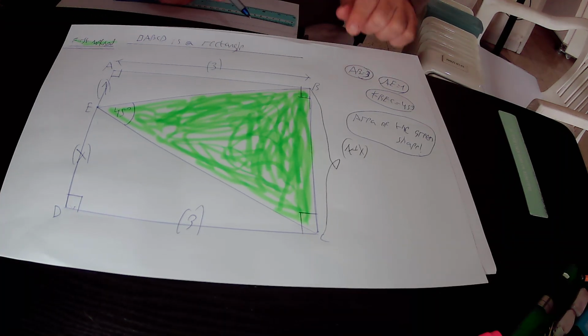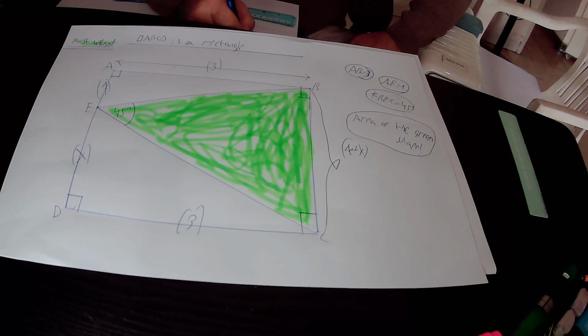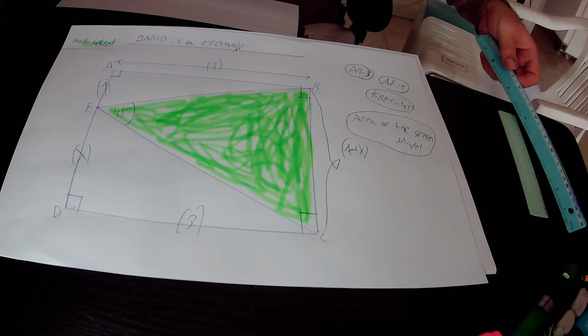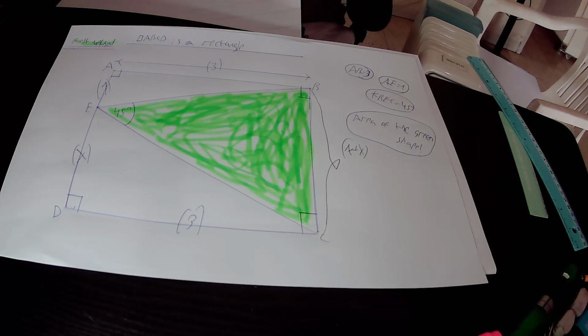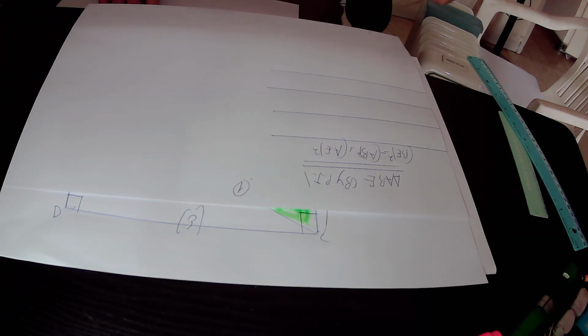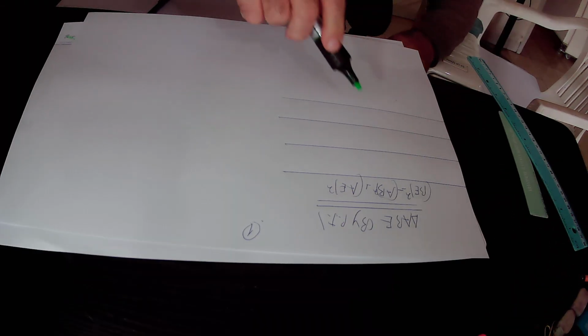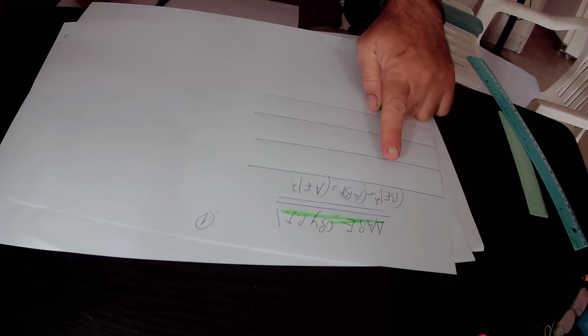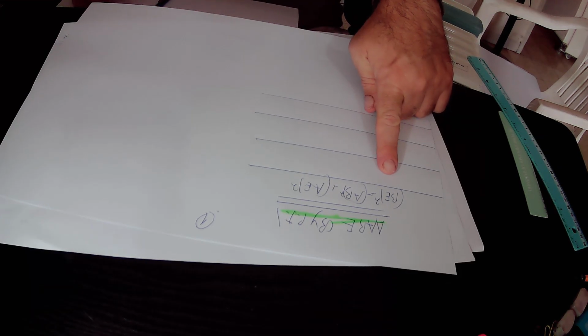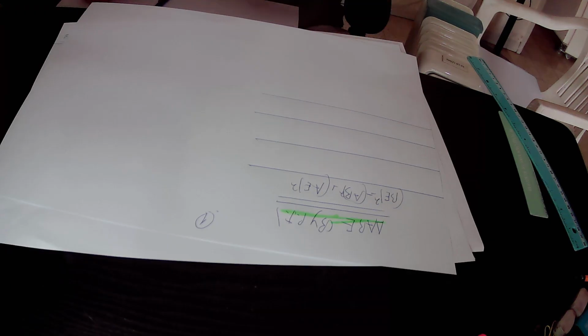BE squared, that is the square of the hypotenuse, equals AB squared plus AE squared.